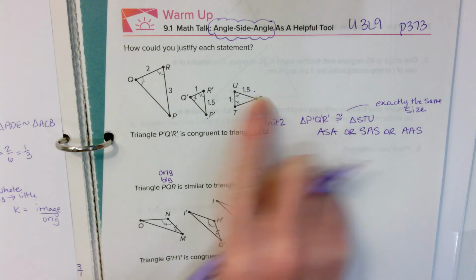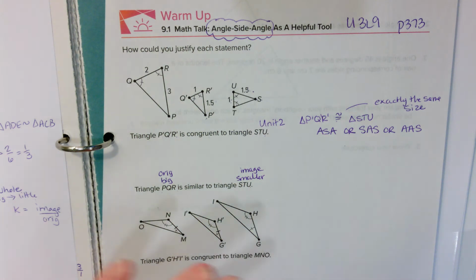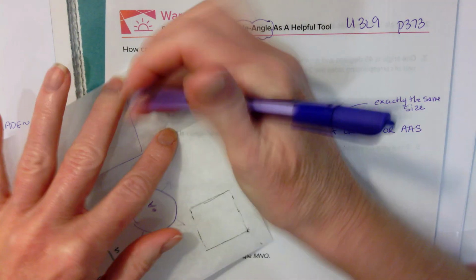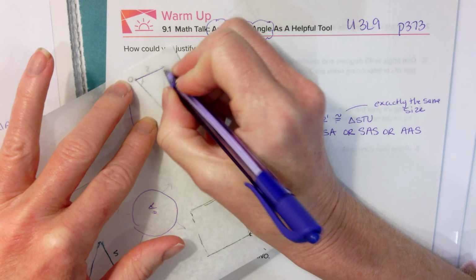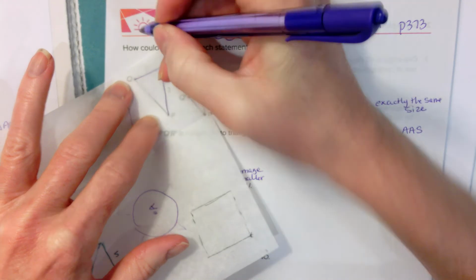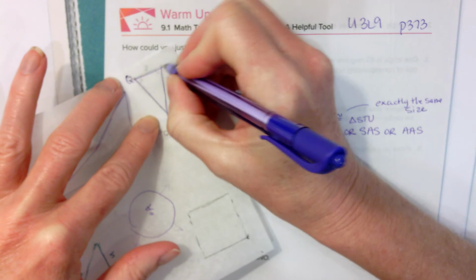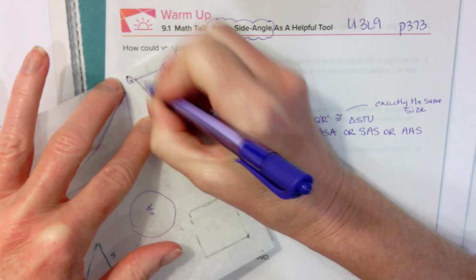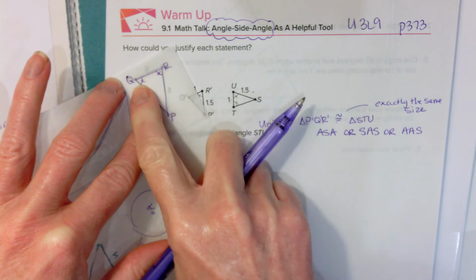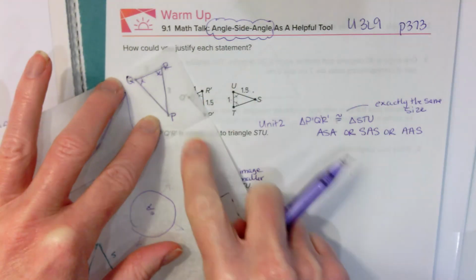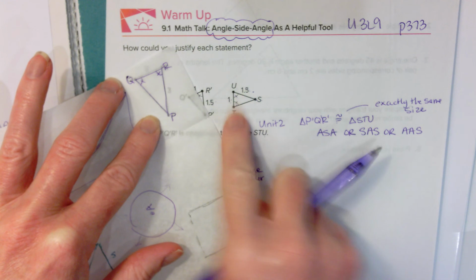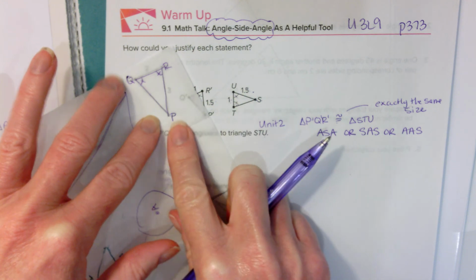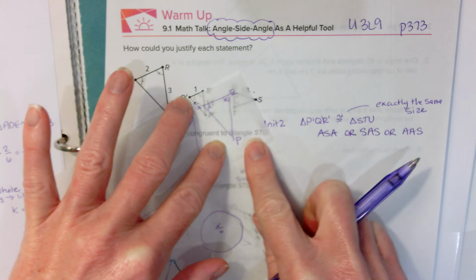So let's do that. Let me grab a piece of patty paper and trace this Q, R, P. Because the angles are marked in such a way, I know that I could move Q to U or T, and I can move R to U or T. So I'm going to move R to U. Okay, great.